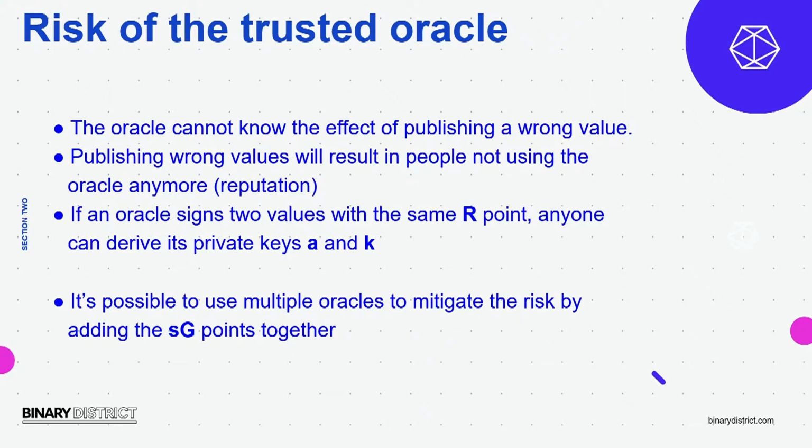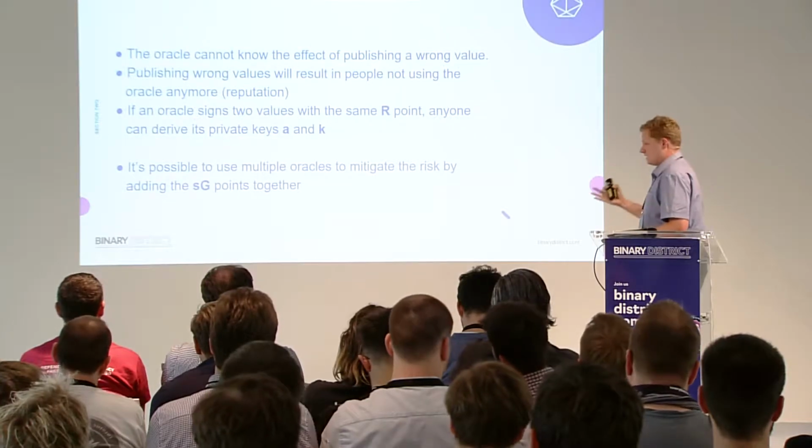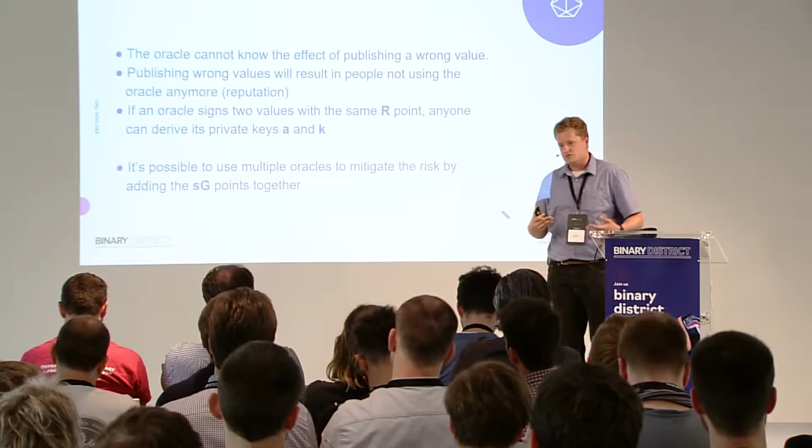And if they publish the wrong value, then people's contracts are going to be affected. So you could say, okay, by publishing a wrong value, an oracle will lose reputation, and nobody would use it anymore. But there's still damage to whoever was trusting that oracle.